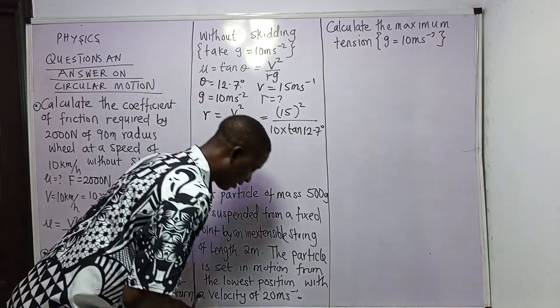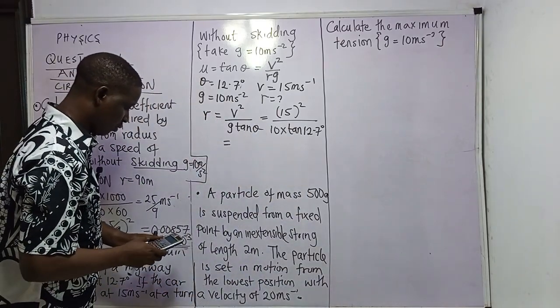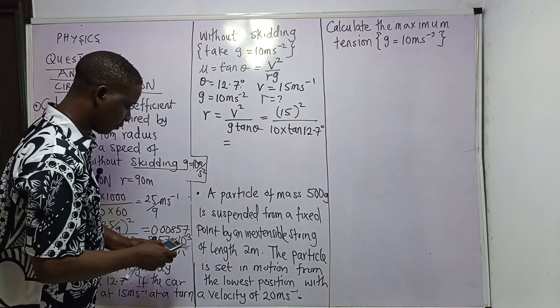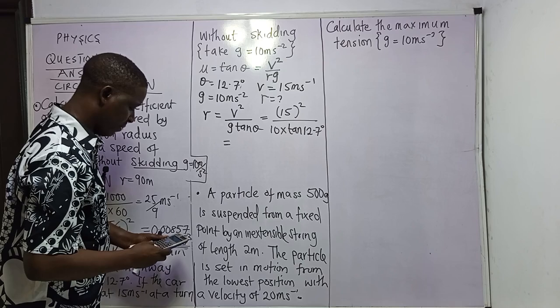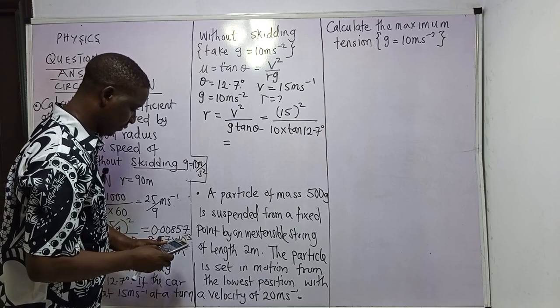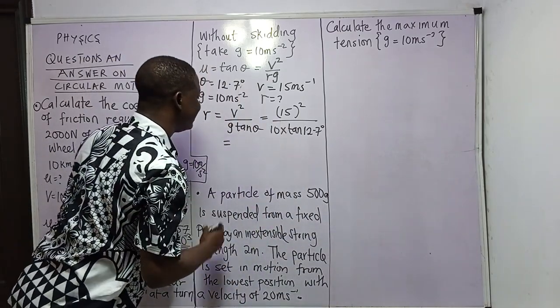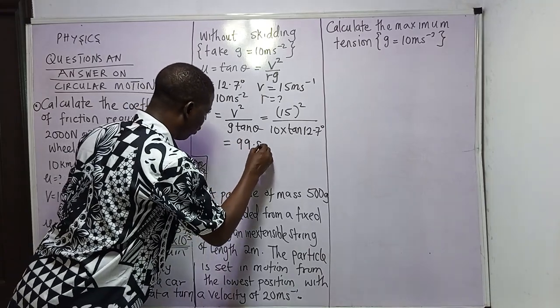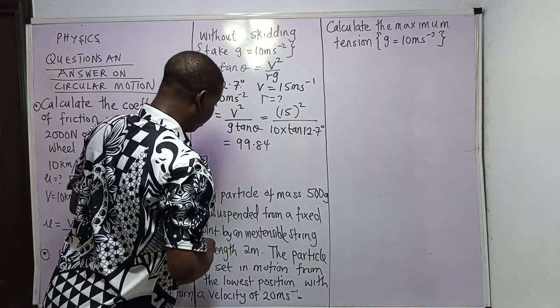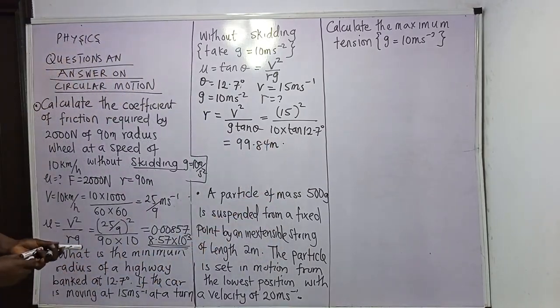So for the minimum radius, we have 15 squared divided by 10 tan 12.7 degree. That will give us 99.84 meter.